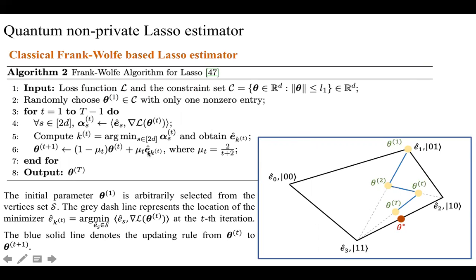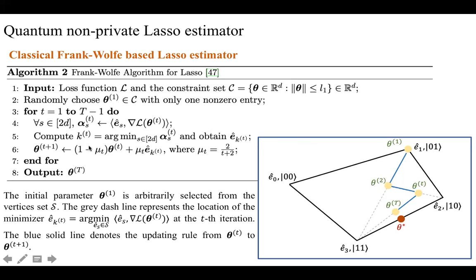We first recall the classical Frank-Wolfe based lasso estimator. As we can see, this algorithm repeats the following procedures t times. In particular, at each iteration, we project the gradient of the objective function L onto all its basis components to form a vector alpha t, and then we search for the index corresponding to the minimal entry of alpha t.